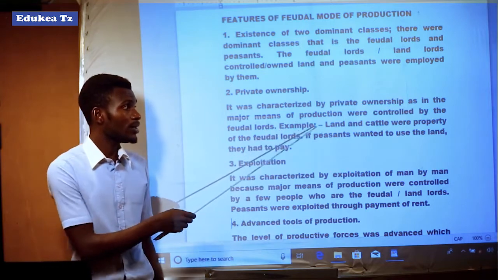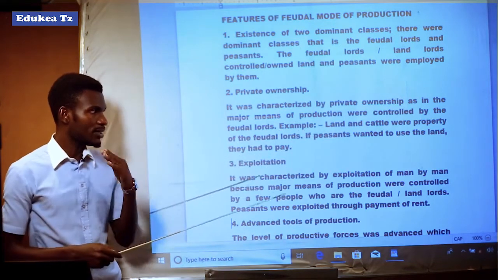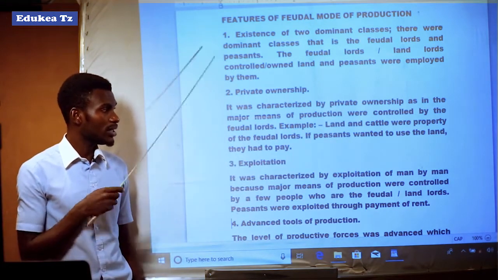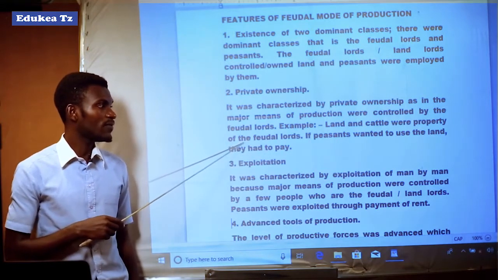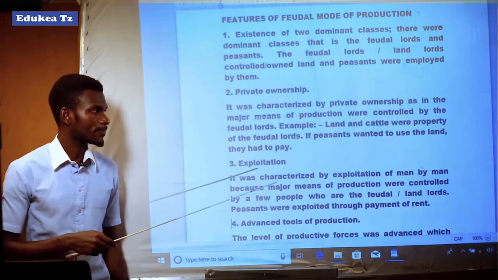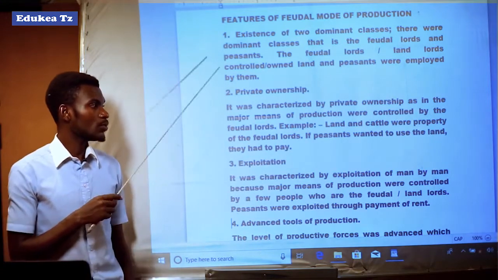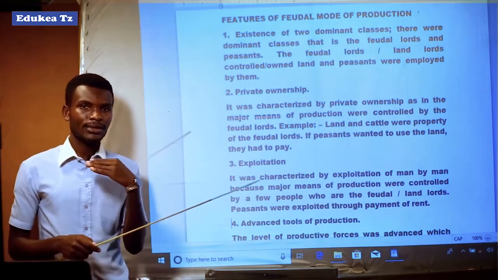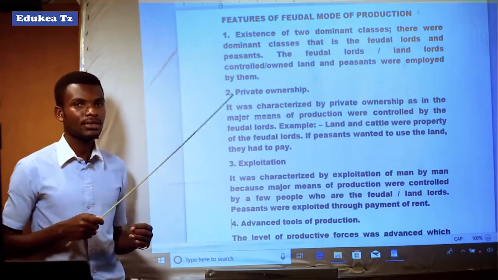For example, land and cattle were property of the feudal lords. If peasants wanted to use the land, they had to pay rent, which was paid in three types: rent in kind, rent in money, and rent in labor.